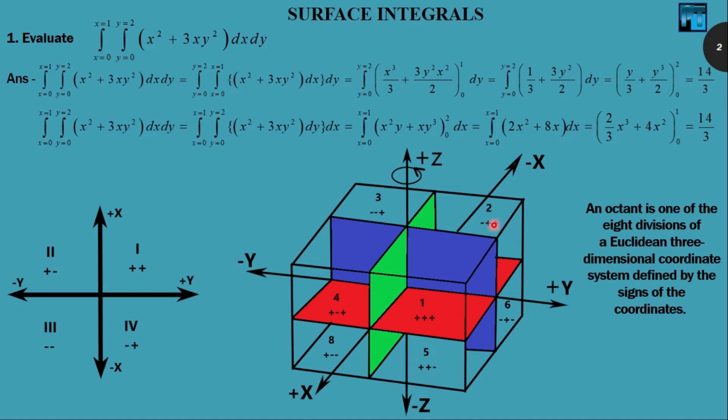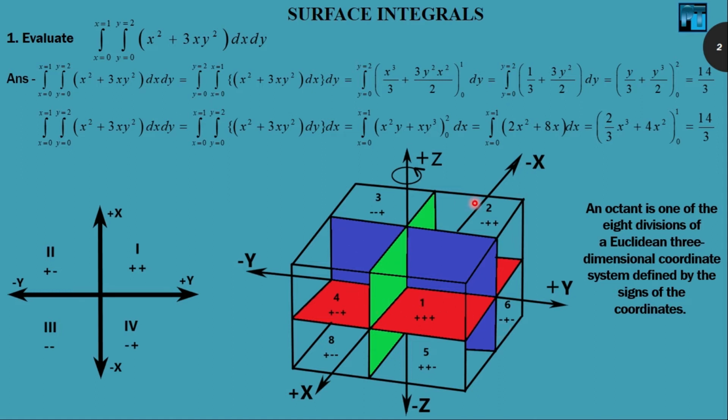The small cube below second octant is 6. Small cube below third octant is 7. And below 4 it is 8. Respective coordinate signs are given here. Only the 7th octant remains invisible to your eye.